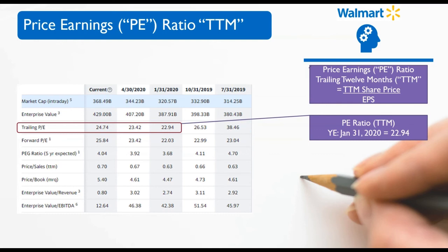And we can see, even in subsequent quarters, it stayed around a trailing PE ratio of around 23, showing that there has not been significant movement subsequent to year end versus what we saw in the earlier slide for Amazon.